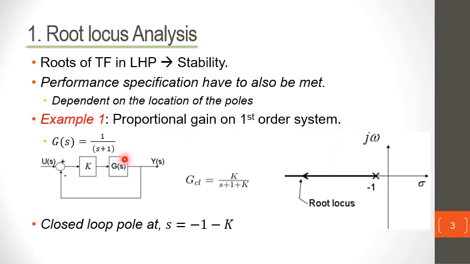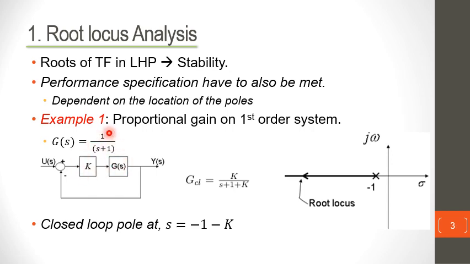Consider an example below. We have a negative feedback loop with a proportional controller here, Kp, or simply K, whereby the controller simply amplifies the error signal and feeds it into the plant. So let's say we have a first order system.